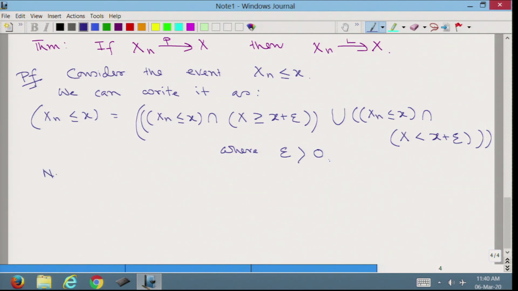Note that the above event is contained in the following.